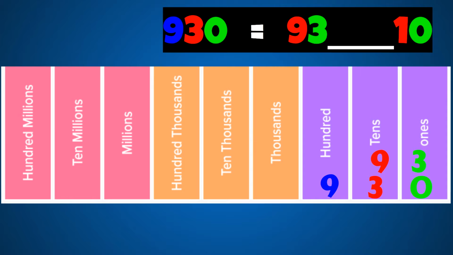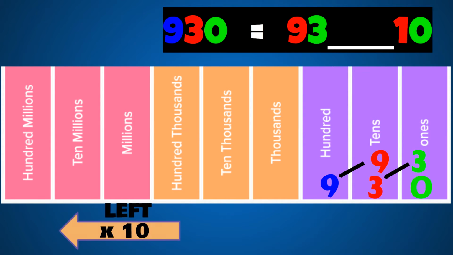Now, in order to get that 9 from the tens to the 100, we need to go left. And in order to get the 3 from the ones to the tens, again, we need to go left. And remember, if we are going to the left in the place value chart, we are timesing by 10.